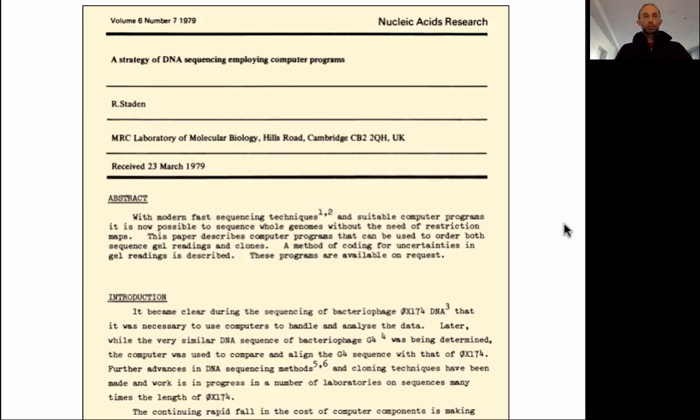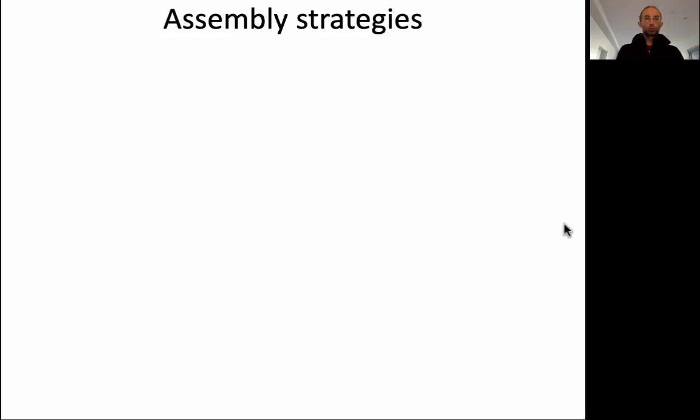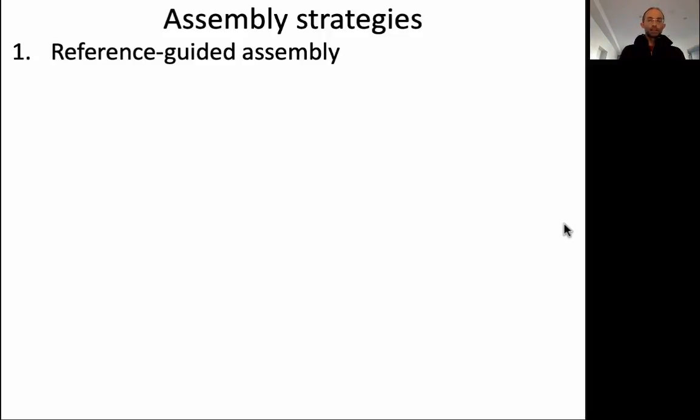So people have been using computers to combine sequences into longer sequences since the 1970s, and there are two basic strategies. The first is to use a reference genome. This is called reference-guided assembly. And the second is to use a data-first approach, which is called de novo assembly.